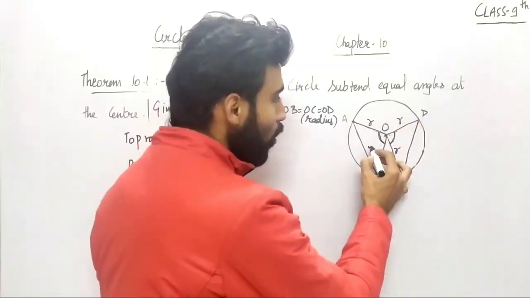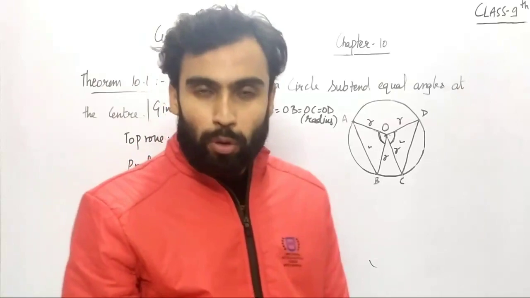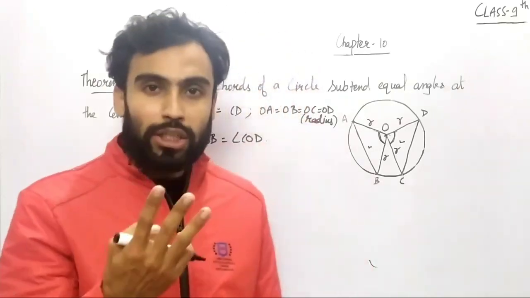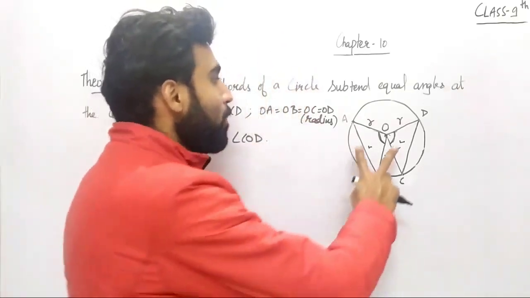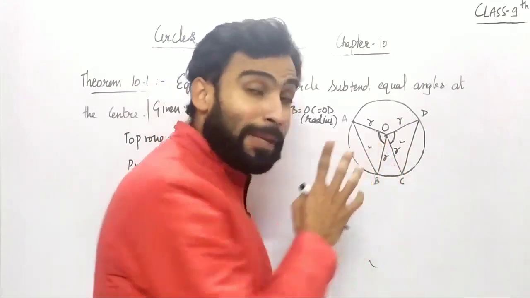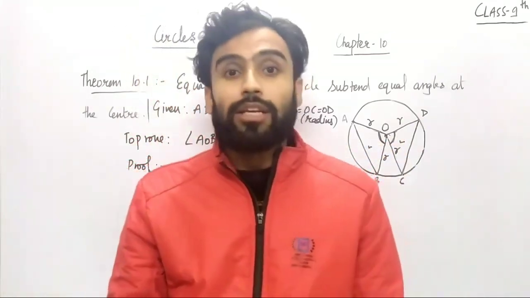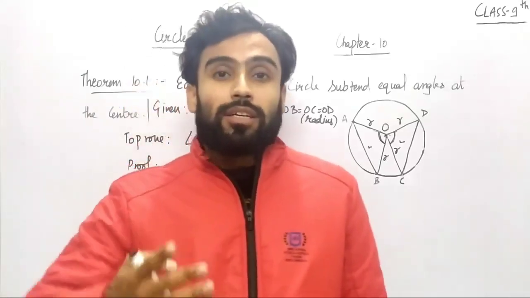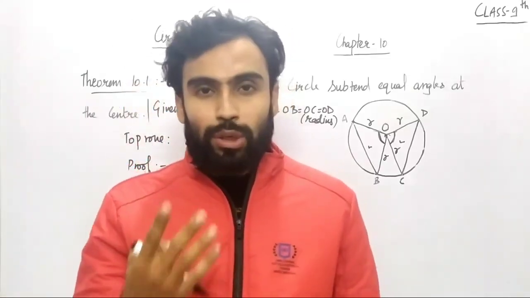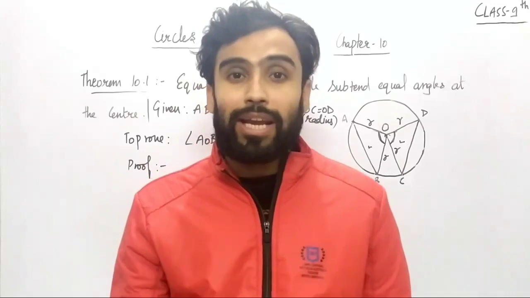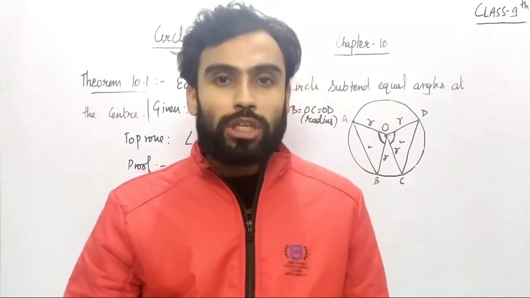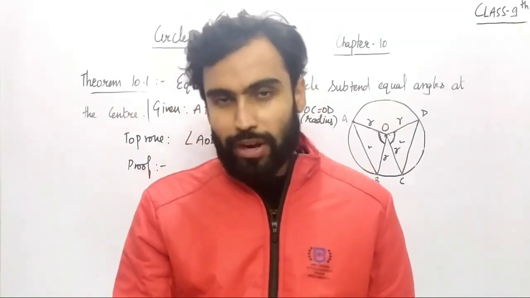So if I prove these two triangles congruent by the three conditions, then by CPCT these two angles will be equal, because we know that for congruent triangles we can later write all three angles and all three sides as equal by CPCT, which is the corresponding parts of congruent triangles, right?